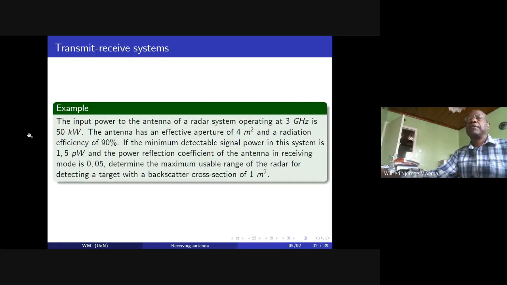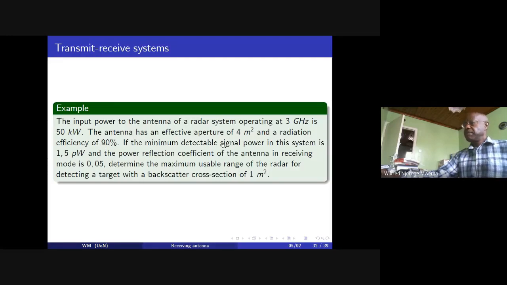So an example then. The input power to the antenna of a radar system operated at 3 gigahertz is 50 kilowatt. The antenna has an effective aperture of 4 meters square and a radiation efficiency of about 90%.